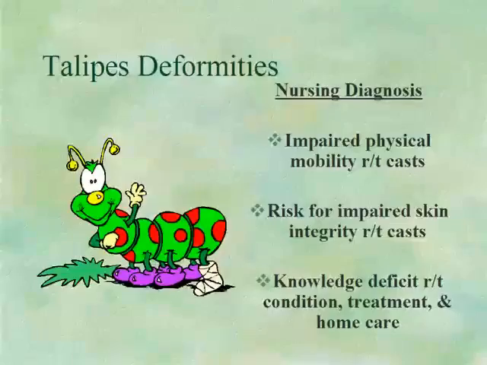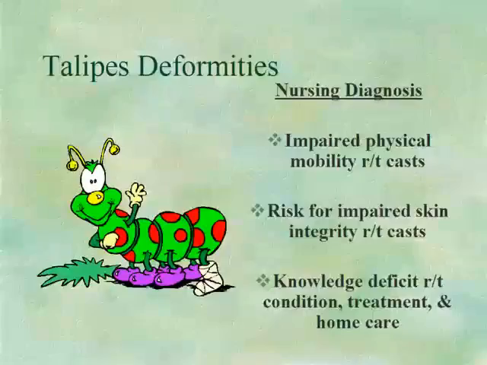If you look at letter A or the picture on page 1214 where the feet are turned inward, then when we're correcting them, they are turned outward, and that is the desired position for correction. You can also see that those casts extend up into the thigh area. That leads us into our next issue, risk for impaired skin integrity. Those casts are very close to the diaper area, so we want to make sure they're not getting soiled from urine or stool.